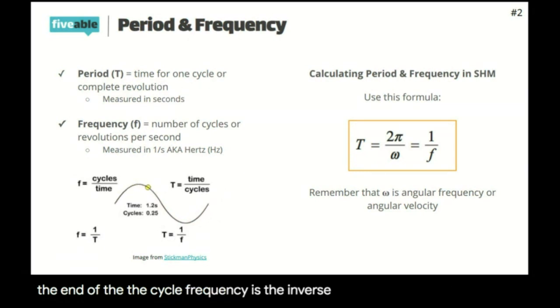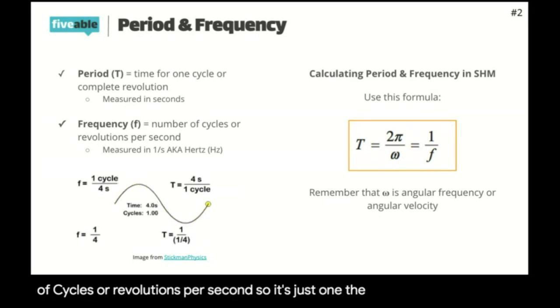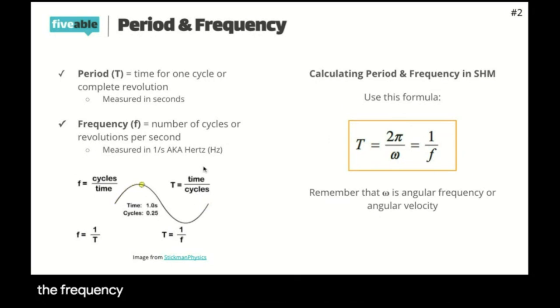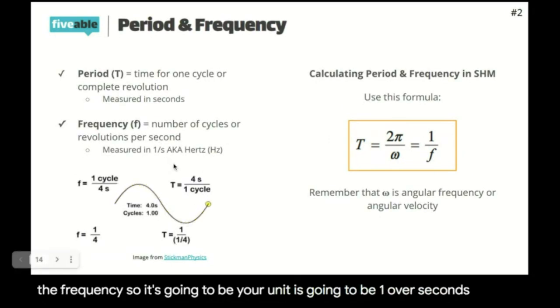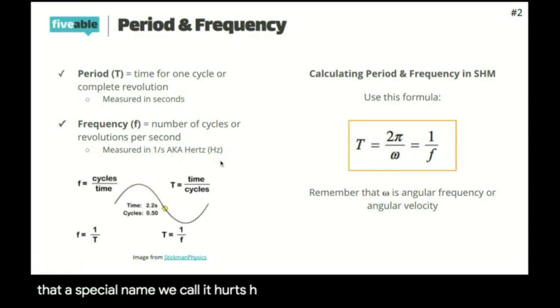Frequency is the inverse of period, and it's the number of cycles or revolutions per second. So the period is equal to 1 over the frequency. Your unit is going to be 1 over seconds. We give that a special name. We call it Hertz, Hz, which is something you probably have seen on light bulbs and stuff.